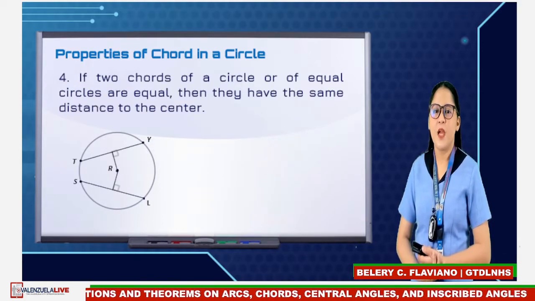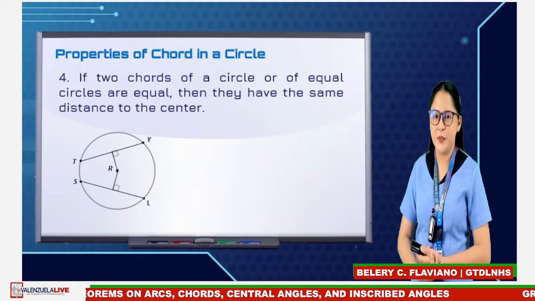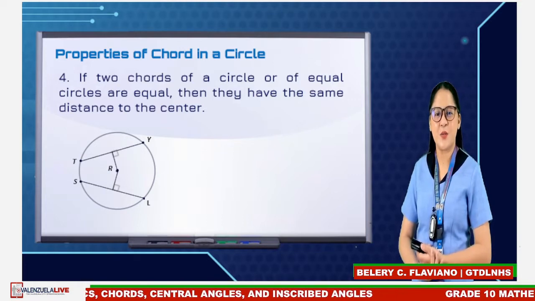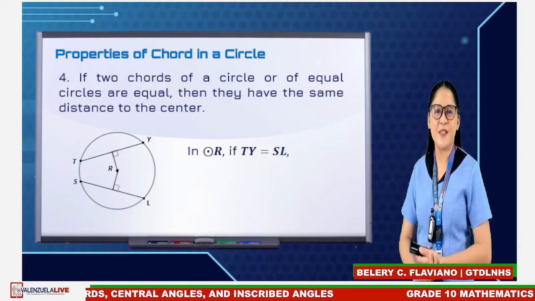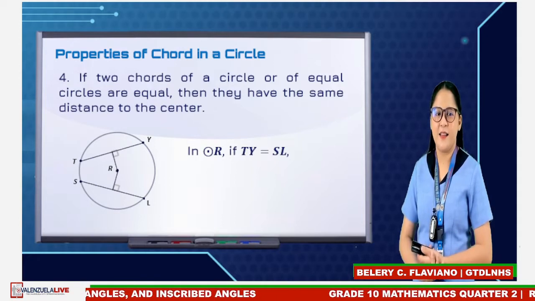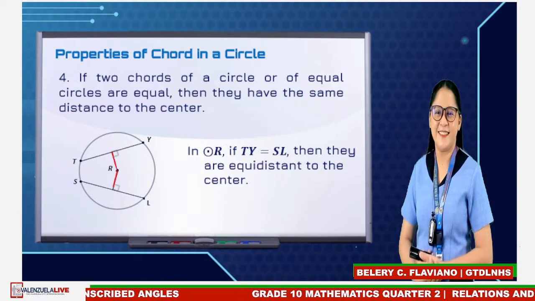Number 4. If two chords of a circle or of equal circles are equal, then they have the same distance to the center. In circle R, if TY is equal to SL, then they are equidistant to the center.